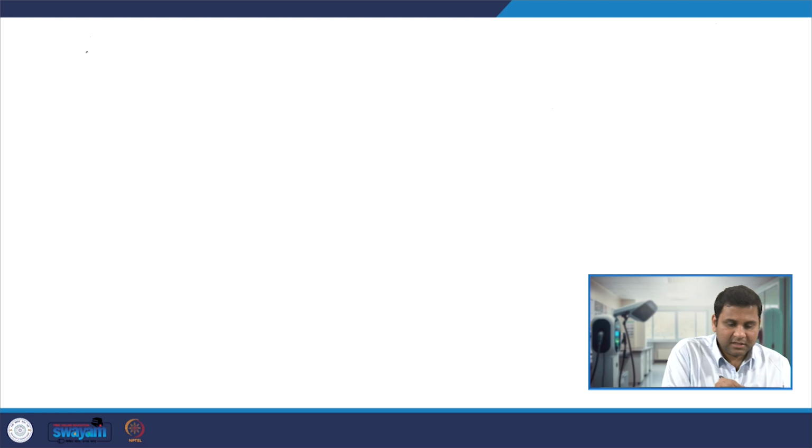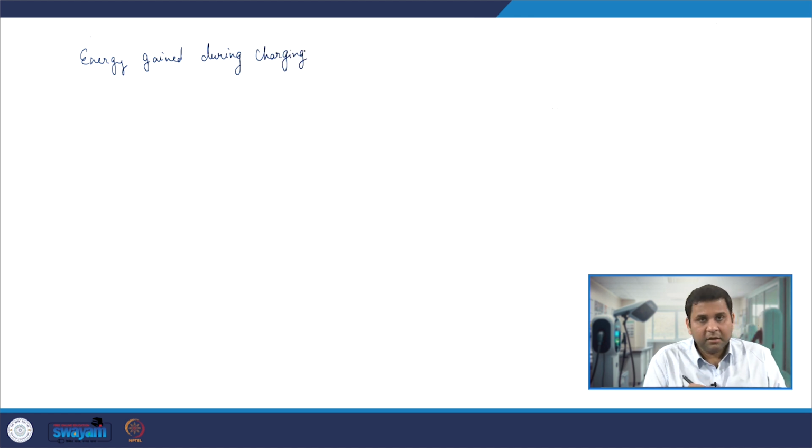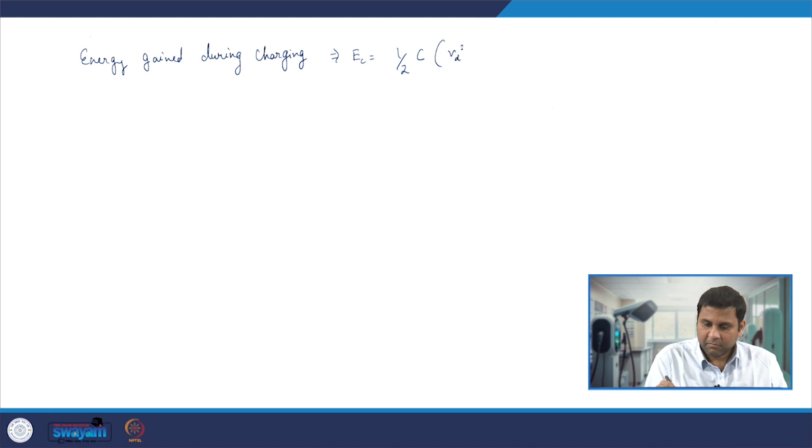So, we have to evaluate the energies during charging and discharging. The energy gained during charging, that means the voltage goes from VD min to VD max, is equal to half C, where we define C as the capacitance value, times VD max squared minus VD min squared.